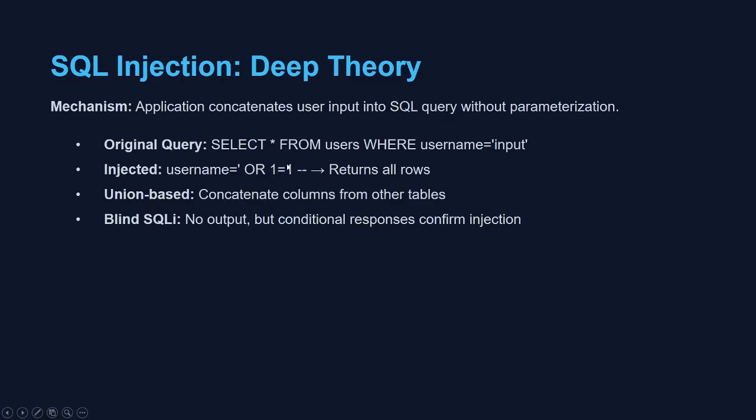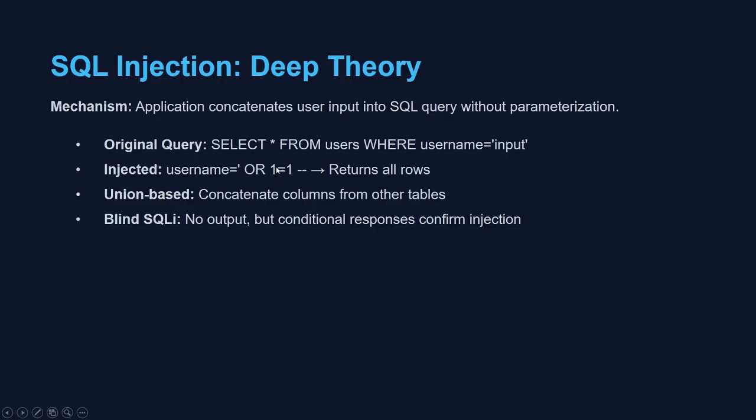Why this works is because any user input is going to be inside here. So if he puts this closing quote here, it's going to close, right? So username is empty, and then it's going to put OR 1 equals 1.